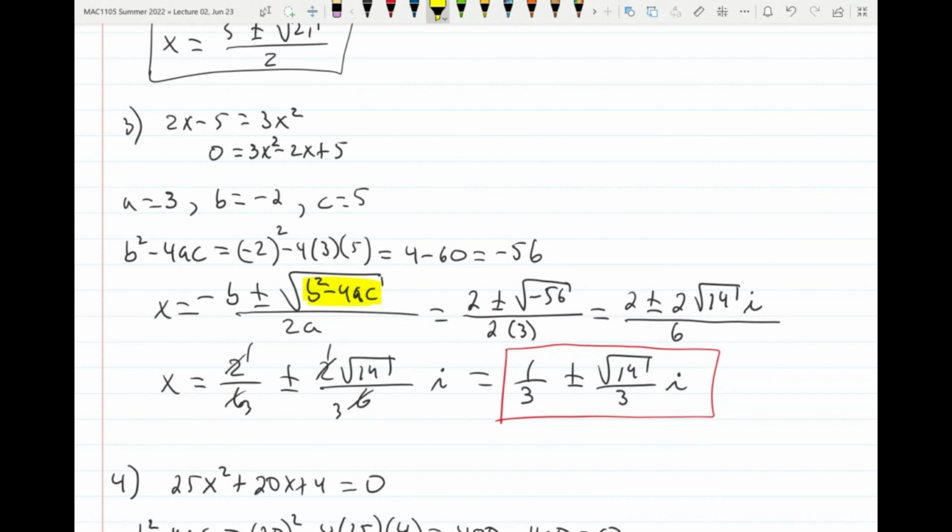In other words, when this quantity here is a negative number, right? That means that we're going to be doing the square root of a negative number, so the i is popping up. Yes? So this quantity is the one responsible for the complex solution. In particular, when this is a negative number, as you can see in here, you already know that you are expecting complex numbers as solutions.